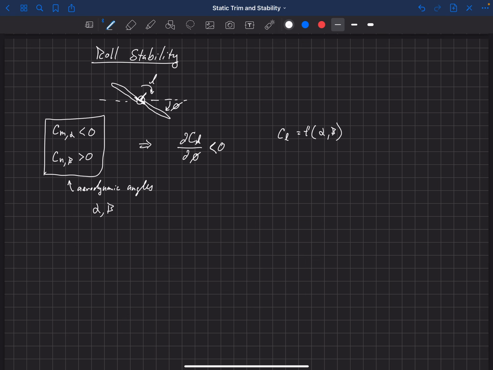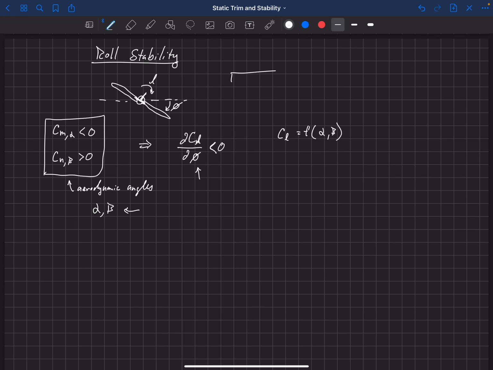It's not directly a function of bank angle. The aerodynamic forces and moments on the aircraft do not depend on bank angle. They depend simply on the velocity of the aircraft relative to the surrounding air. And the way that we define that is through these aerodynamic angles, alpha and beta.